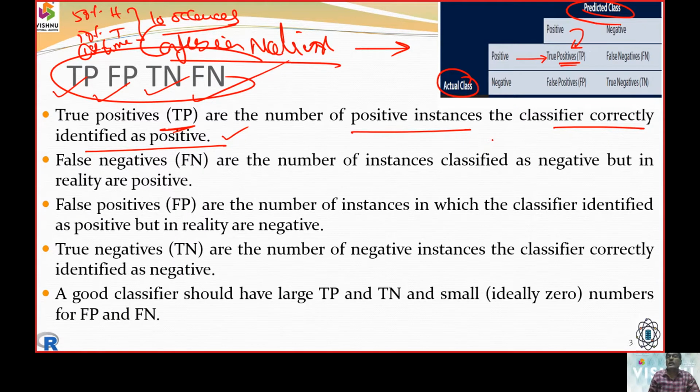Now let us look at the second case. Now I know that the number of instances classified as negative, but reality is positive. I know that I am pumping some error. Actually, I know it. I have intentionally done that, and I want to verify whether the machine is working or not, whether the machine will correctly identify the things or not.